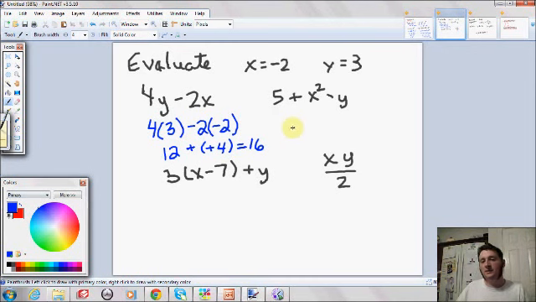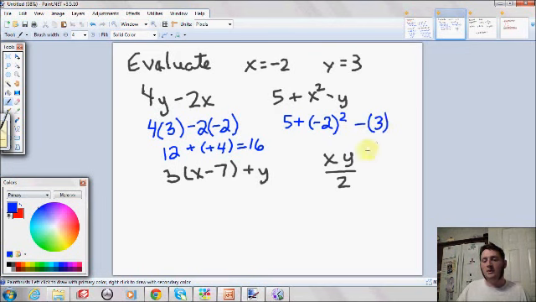Final answer. Over here we would have 5 plus, and it's really, really super important that when you substitute a negative, you be really, really careful with those parentheses. 5 plus -2 squared minus y, which is 3.